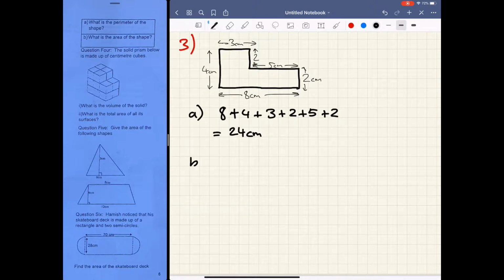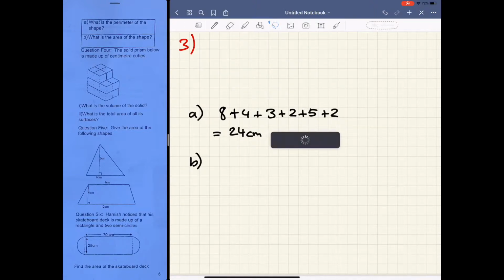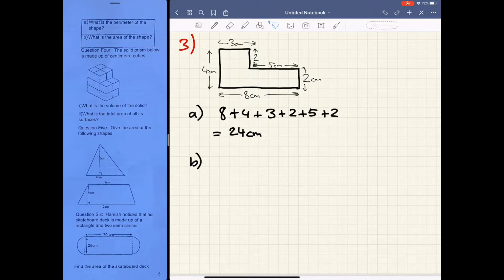B, what is the area of the shape? Okay, so this one is going to be a bit tricky. So let's just copy this and paste.